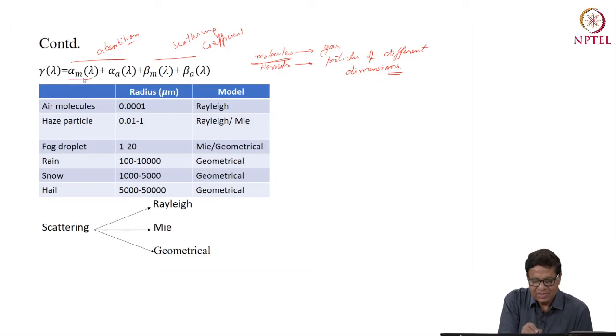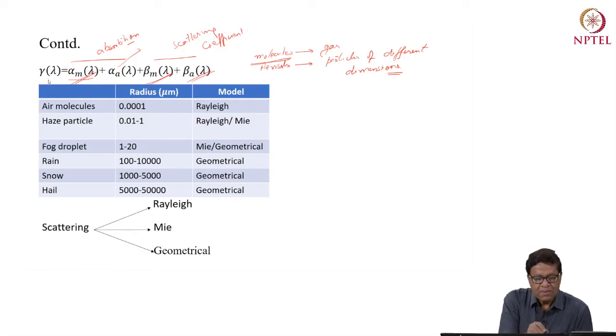So this coefficient is for the molecular part of the atmosphere. And this is aerosol, that is different particles. So this is the absorption coefficient because of the aerosols. This is the absorption coefficient because of the molecules. And similarly, you have the scattering coefficient because of the molecules and the scattering coefficient because of the aerosols. So beta M and beta A are the scattering coefficients for the molecule and the aerosol respectively.